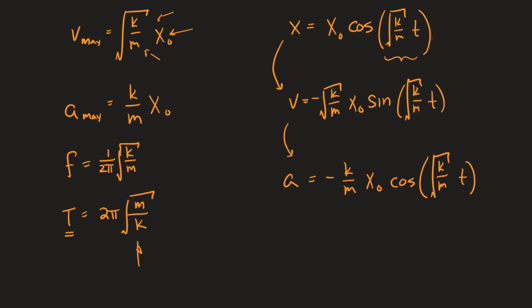Because this term shows up in all of these, there's a term like this for every single oscillator, and we've given it a name. The square root of k over m is known as the angular frequency. And every single oscillator is going to have its own thing that controls this.